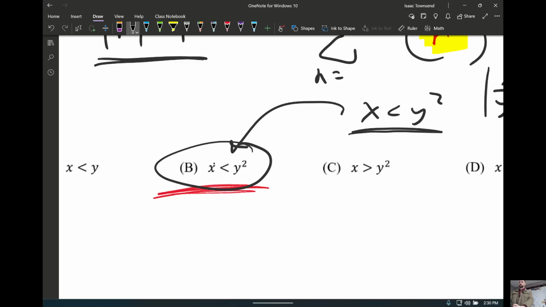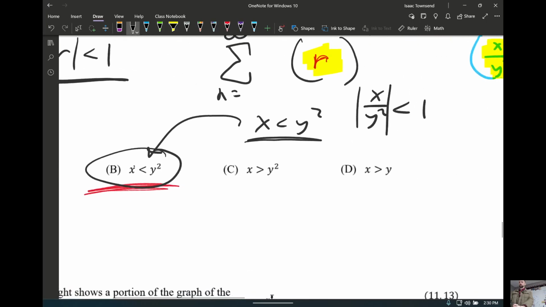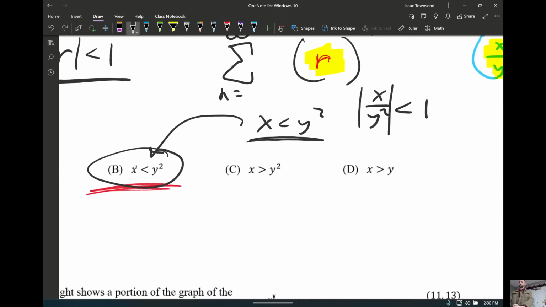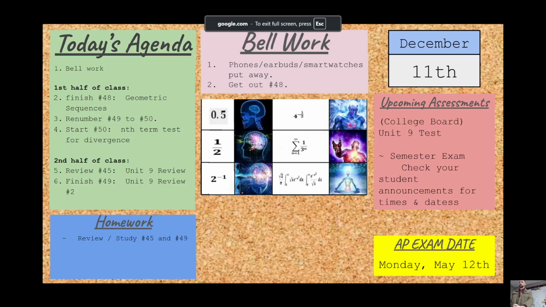Huh? Oh, I mean, yeah, technically the absolute value's in play, but it didn't matter here. Okay, so we got to the same place first period did, which kind of makes sense.